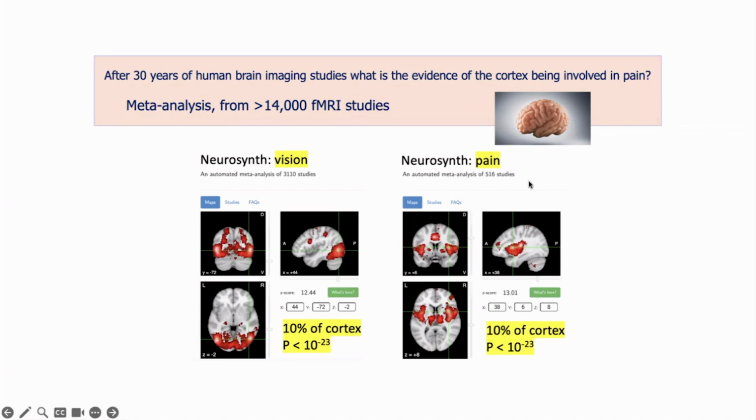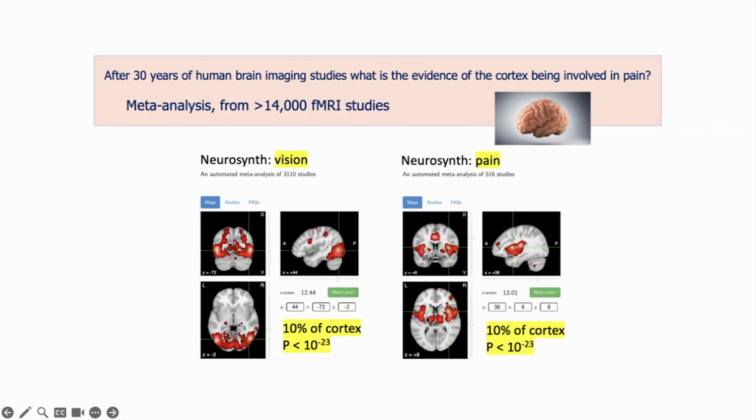Within those 500 studies, you can think of this as the average of 5,000 people's pain perception. You can readily see that the red areas do not overlap with the red areas for vision. Pain and vision subtend essentially separate brain areas, at least the primary signal is in independent areas of the brain.